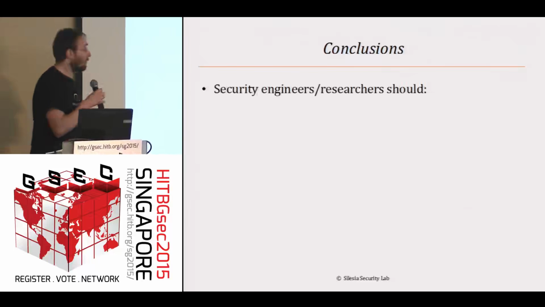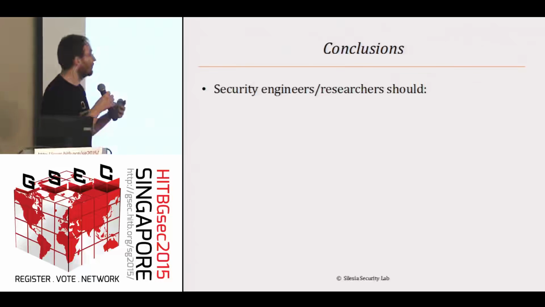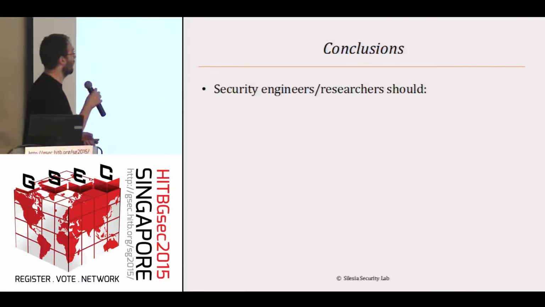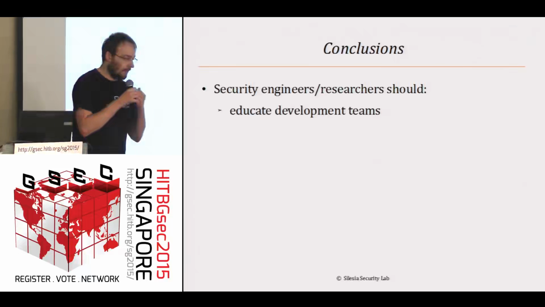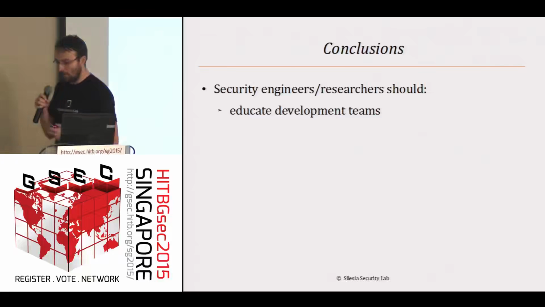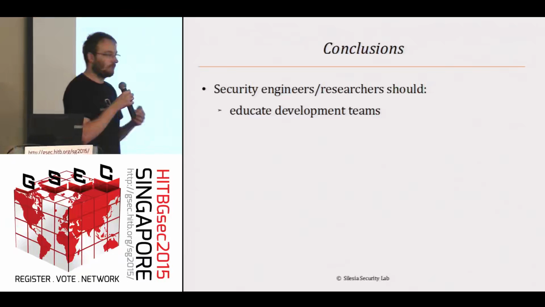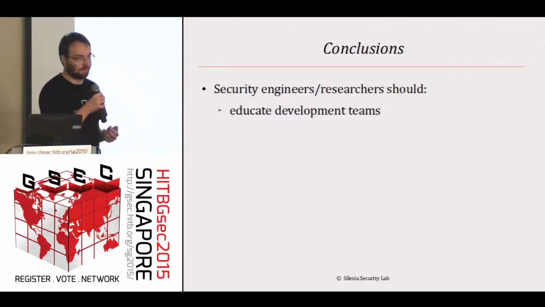So what are the conclusions? What we should do, independently of whether we are researchers, engineers, consultants, whatever, just security people, is educate development teams. This is very important. I very often see that security people blame developers. No, we should blame ourselves.